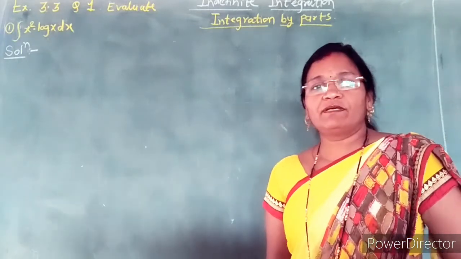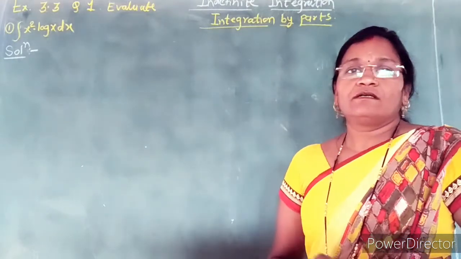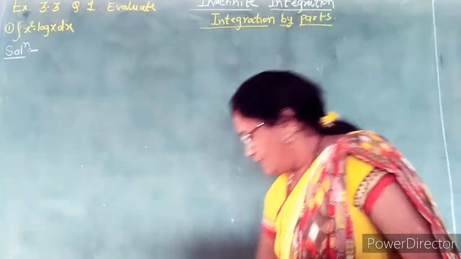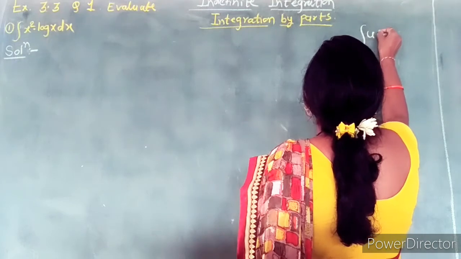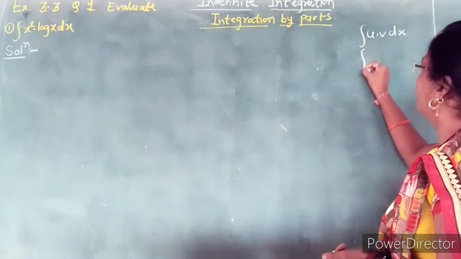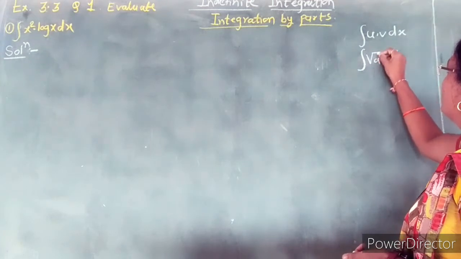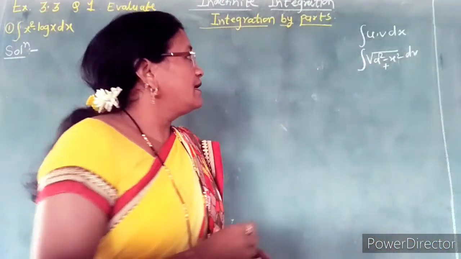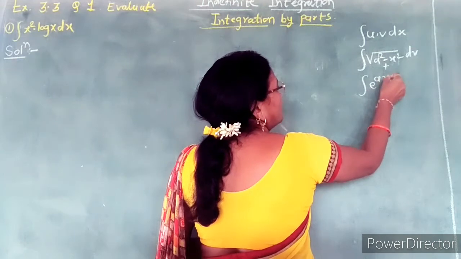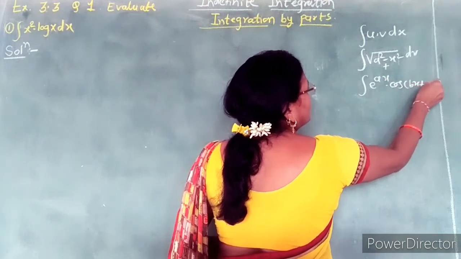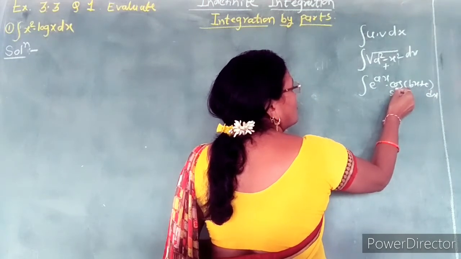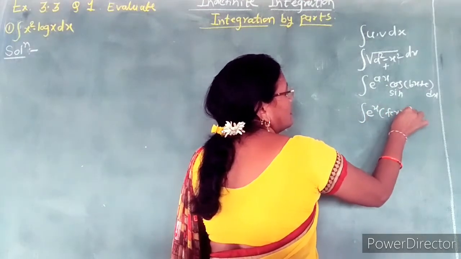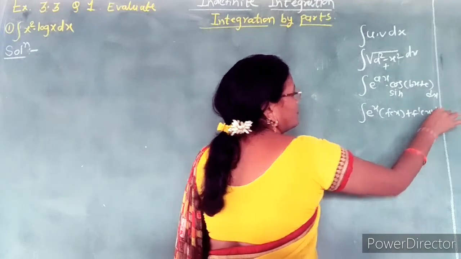In the previous period we saw examples on integration by parts by taking some standard results: the integral of the product u into v, next the formula for root of a square minus x square dx and the reverse, root of x square minus a square, and again the integral of e raised to x into cos x dx plus c with respect to x, and vice versa, instead of cos we take sin, and the result of e raised to x times f(x) plus f dash x, integral of this type.